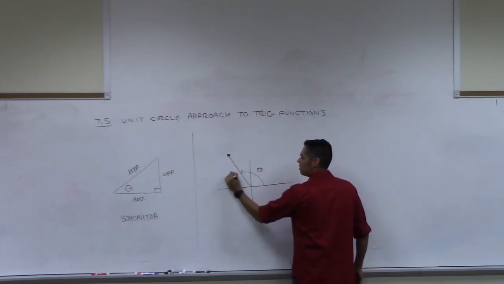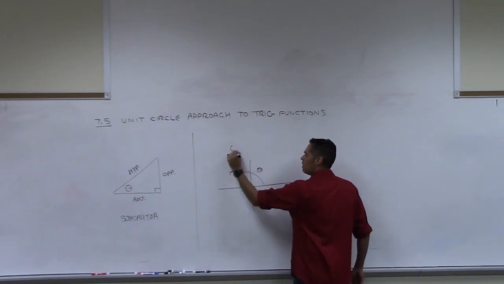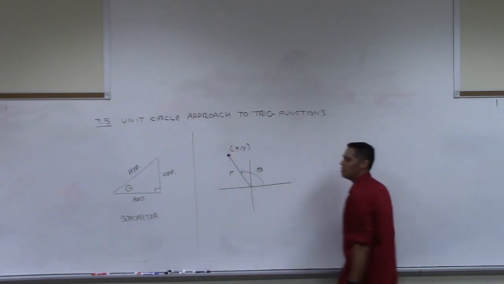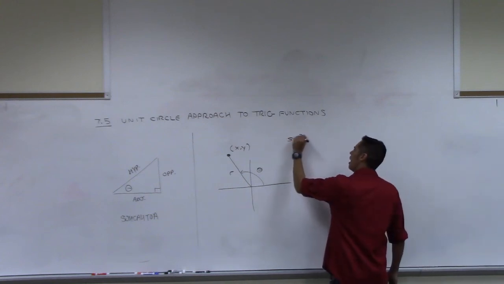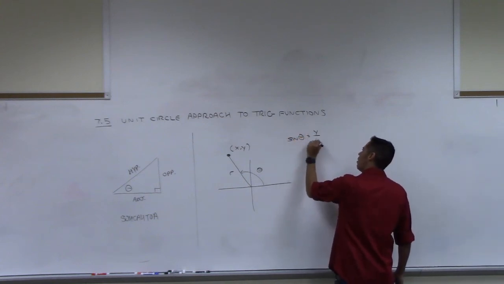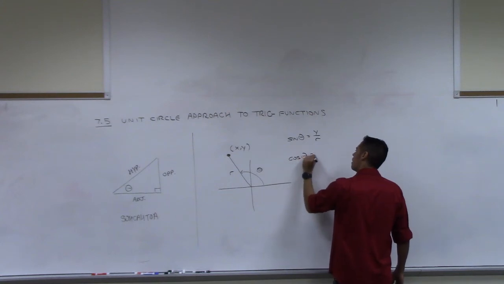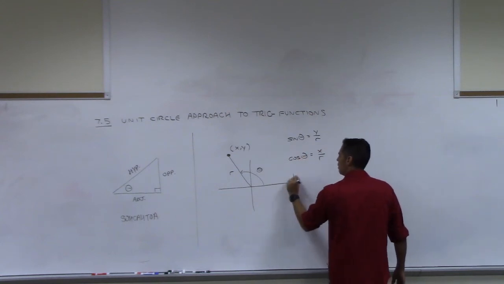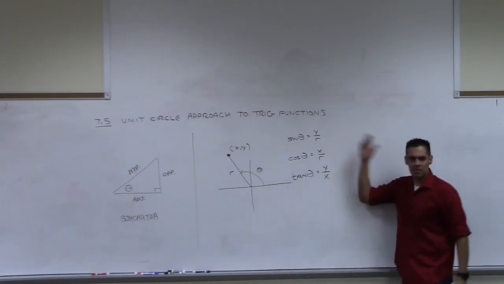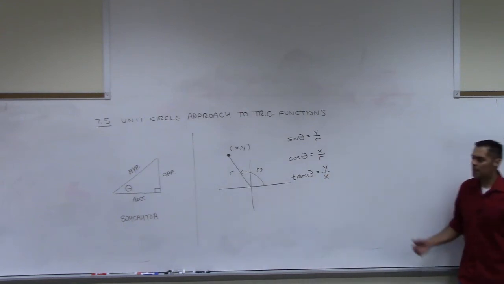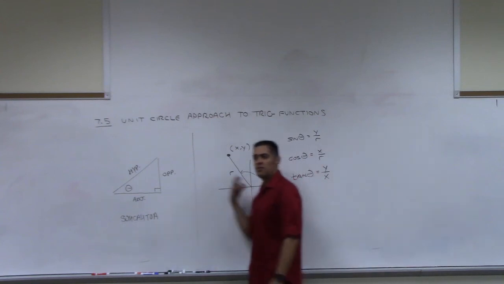Let's call this distance from the origin to the point r, and we have the x and the y coordinate of the point. Then we define our 6 trig functions as y over r, x over r, and then y over x, and then the other 3 are just the reciprocals. And the good thing about this is this allowed us to find the trig functions at any angle.